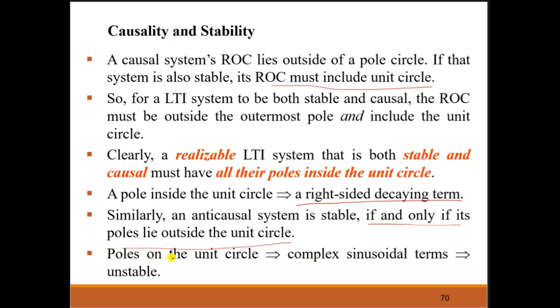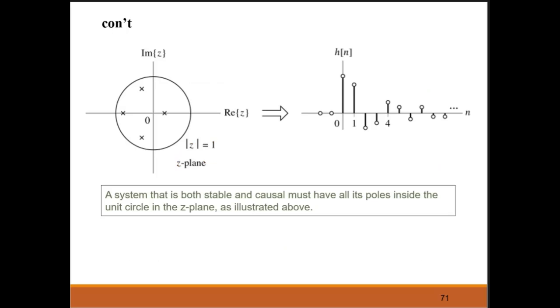Right, poles on the unit circle will give you complex sinusoidal terms which is unstable. Kalau poles tu adalah sama dengan satu, then you get an unstable system lah. Alright. A system that is both stable and causal must have all its poles inside the unit circle in the Z plane.